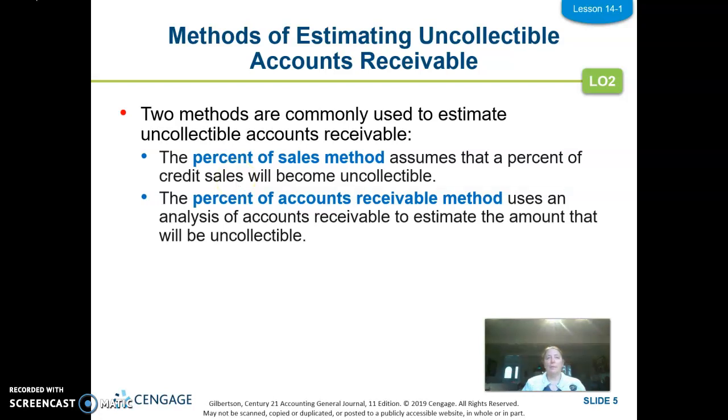And that is your estimate that you would use in the adjustment since it is income based. So it would be the exact same adjustment that we did where we would debit uncollectible accounts expense and credit the allowance for uncollectible accounts. So nothing different there.